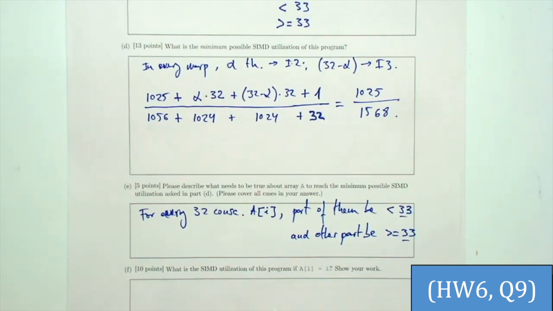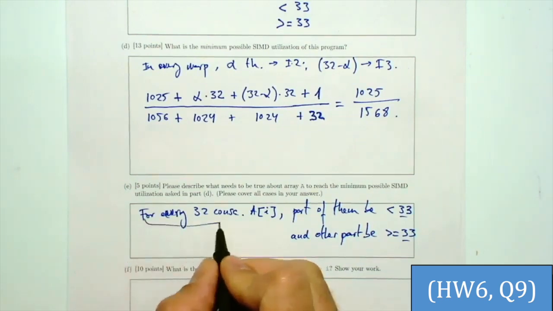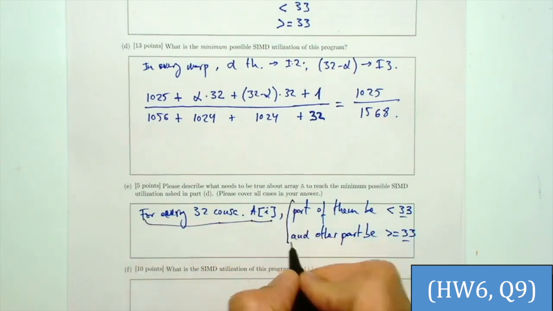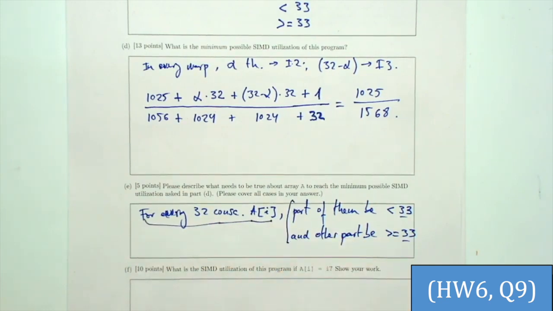Sorry, I said 32, it is 33. For every 32 consecutive elements, such that we make sure that we have divergence within each warp.